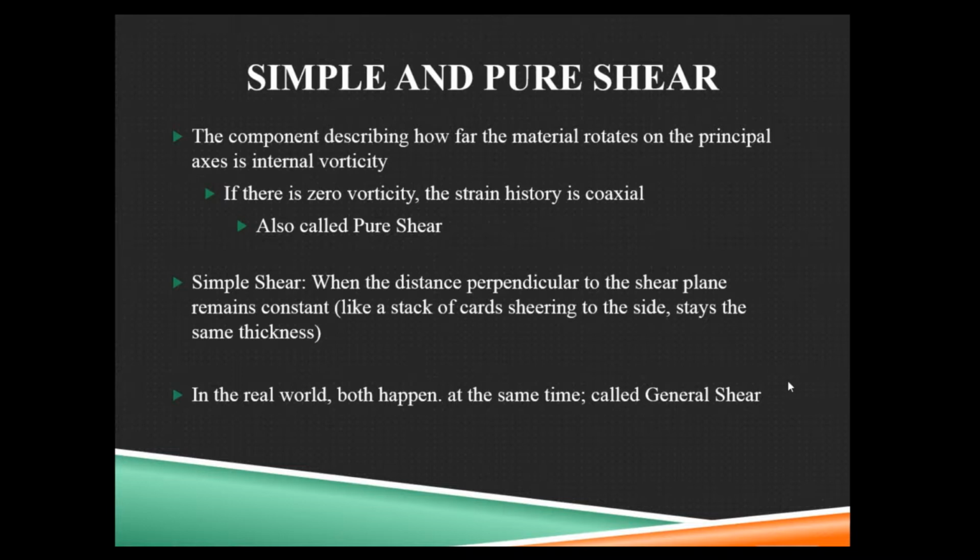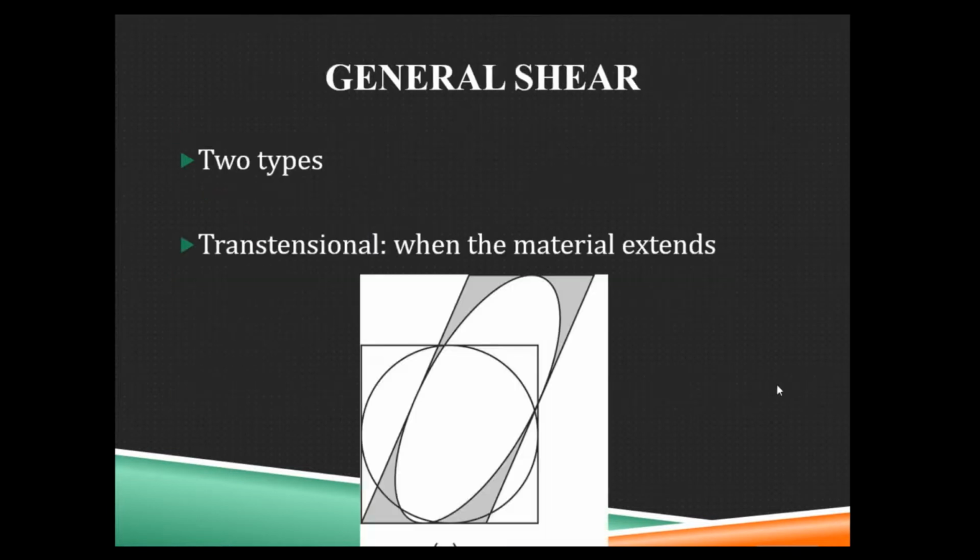In the real world, both of these can happen at the same time, and this is called general shear. So if we look at a case of general shear, we can see two different types of actions going on.